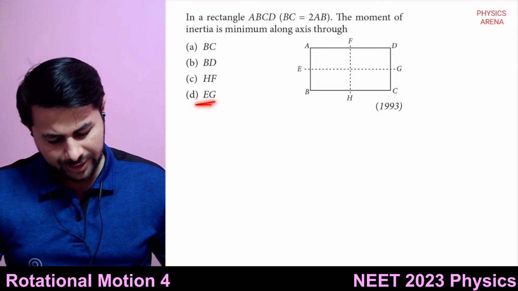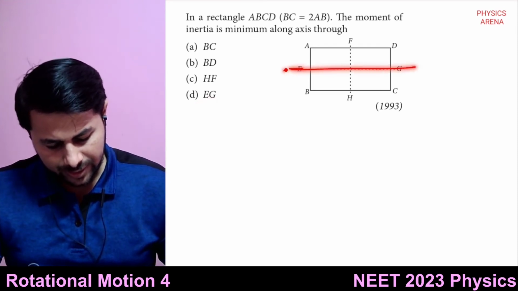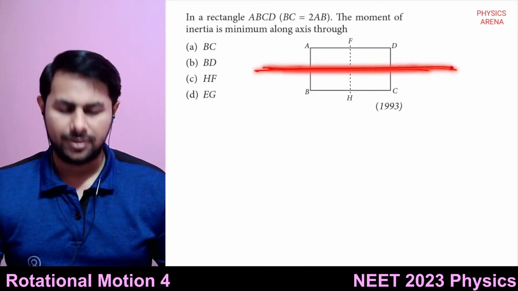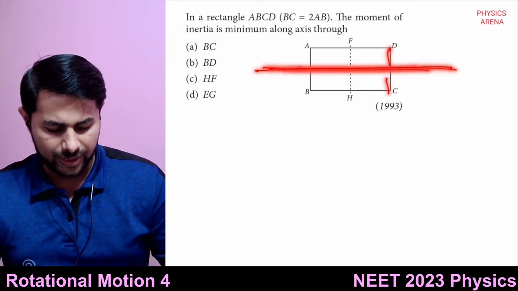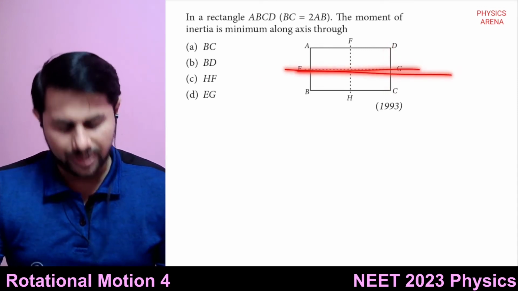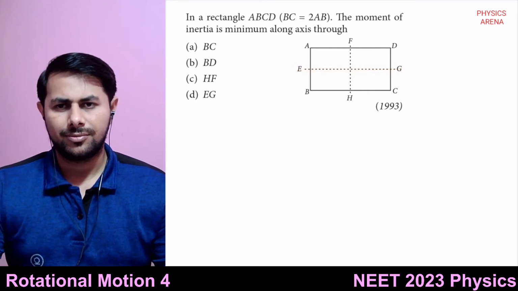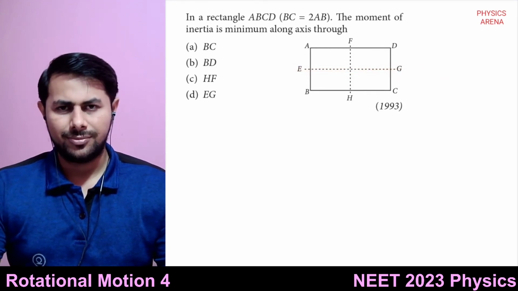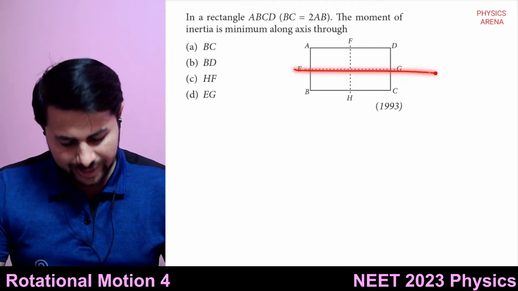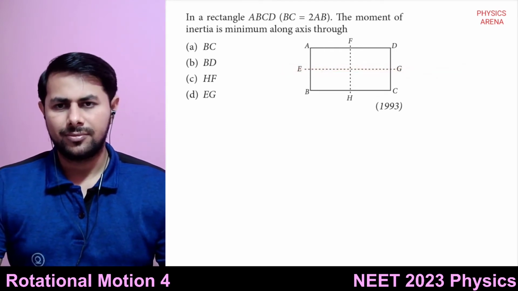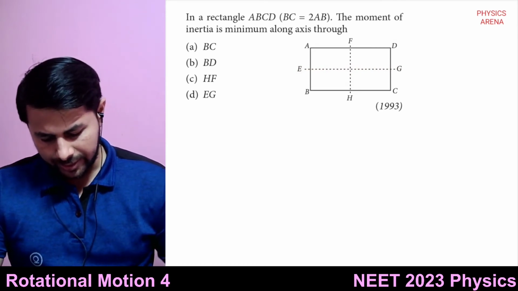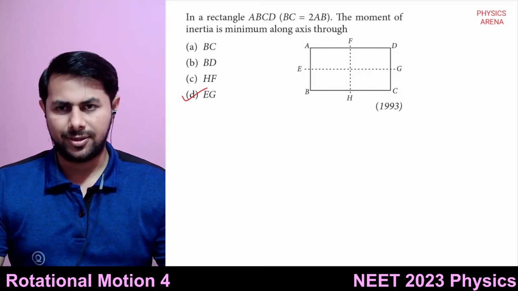Then you have EG. So which is EG? This is EG. So now if you take this axis, mass is distributed at minimum length from this axis. Yes or no? So moment of inertia will be least for this axis, minimum for this axis. So this is straightforward. Answer of this question should be EG.